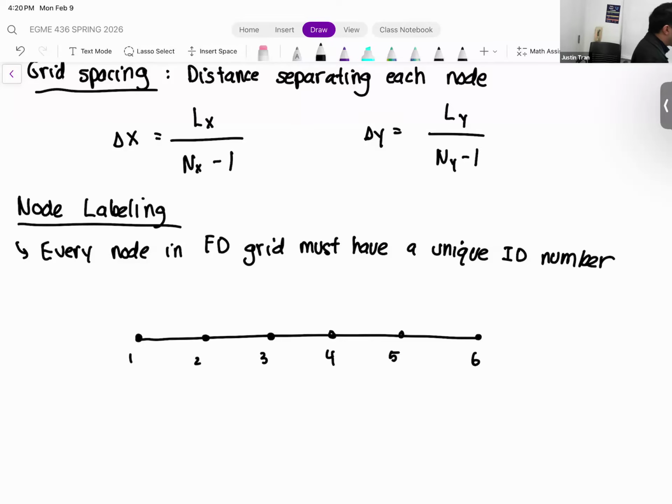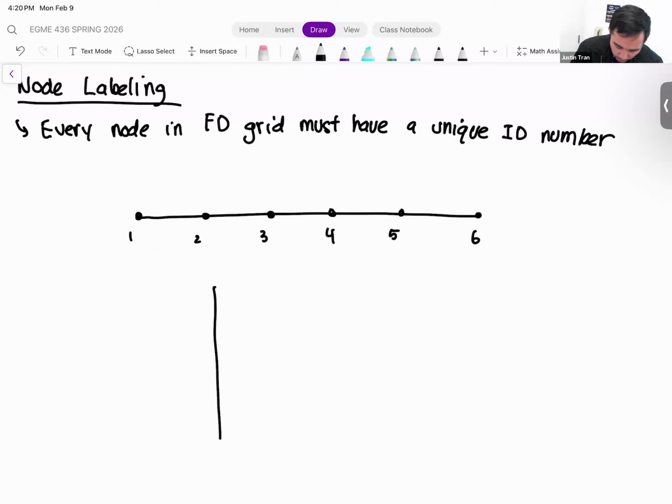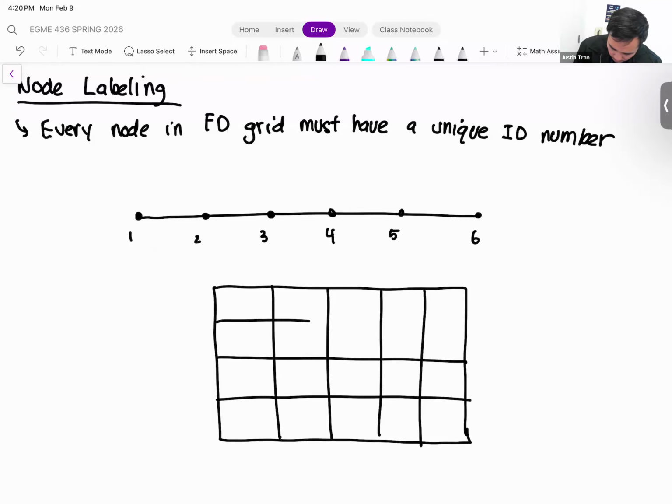it's a bit more complicated because we're going up in dimension. For 2D, I'll give you a very basic numbering scheme. Let's say we have a 2D grid like this. On a basic level, you can start in the bottom left and label the node numbers going left to right.